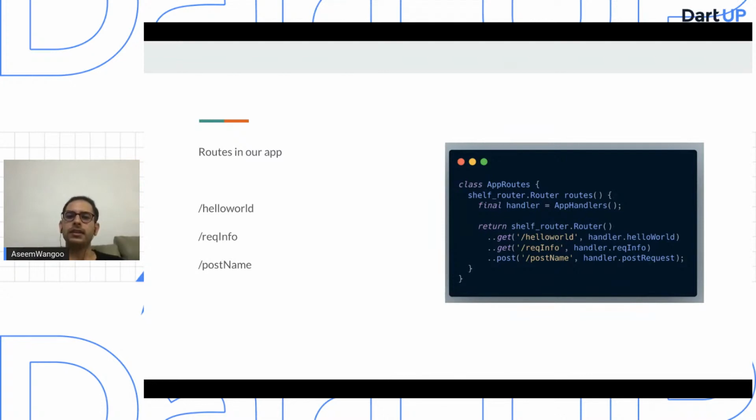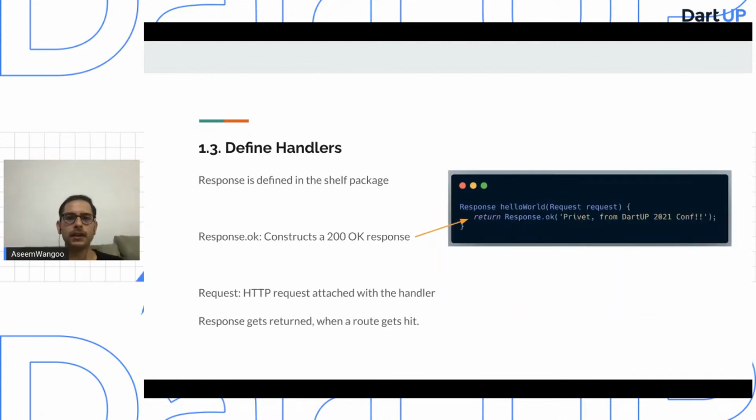And now let's see how we define a handler in a bit more detail. On the right-hand side snippet, we see this is a handler. The return type is Response. In this case, we return Response.ok, and in this ok, we specify the string, hey, Privyat from Startup 2021 conf.